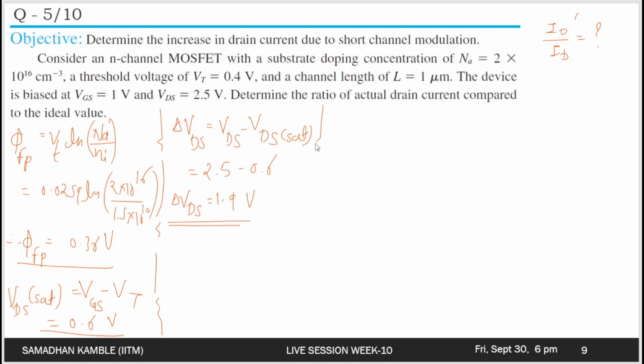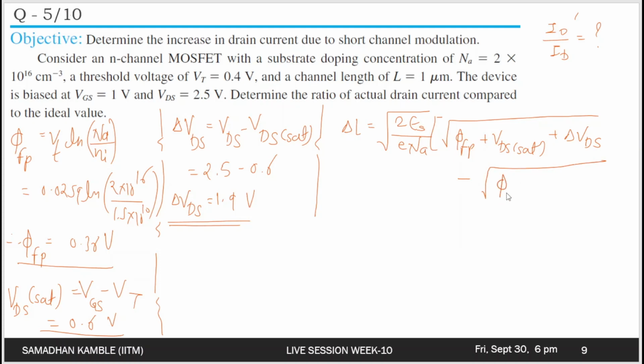So our delta L is given by the square root of 2 times epsilon for the semiconductor, divided by the electronic charge times the doping concentration, times the square root of phi fp plus VDS saturation plus delta VDS, minus the square root of phi fp plus VDS saturation.